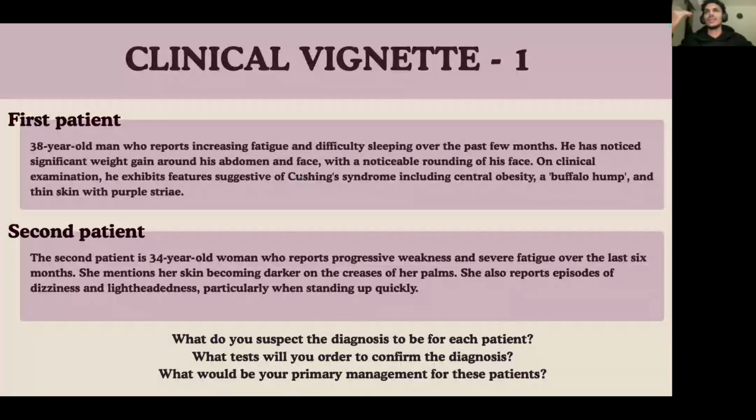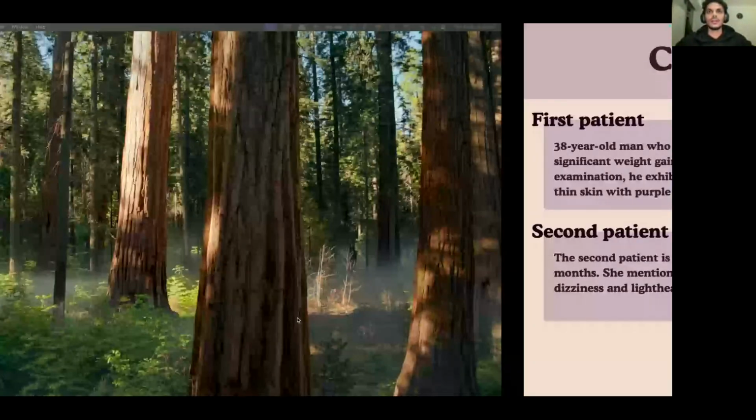And the second patient, weakness, fatigue. You can't really tell what's happening, and then they tell you she's a middle-aged woman and she's got darker skin in the creases of her palms. You don't have to read anything else. She's got Addison's.